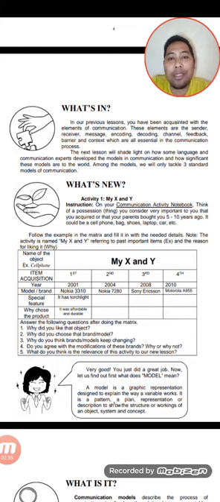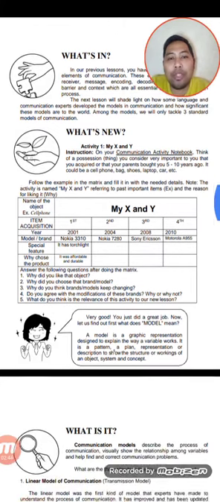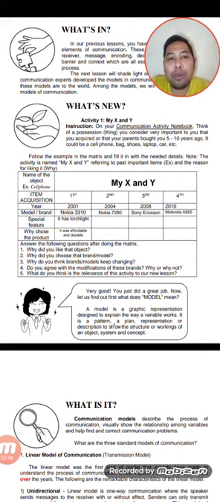So, what's new? In your activity notebook, again, you have this My X and Y activity. So instruction in your communication activity notebook, think of a possession or anything you consider very important to you that you acquired or that your parents bought you 5 to 10 years ago.